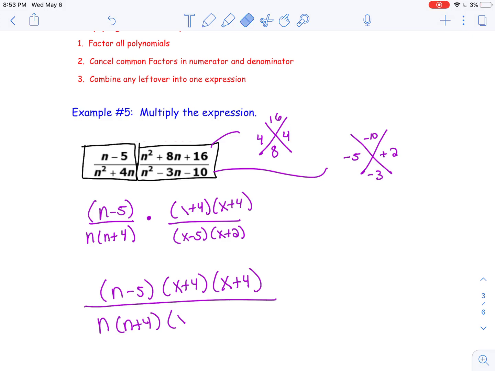Let me go back and change these to n's. This should be an n, n, n, n. Sorry about that, I always default to x's. So (n minus 5)(n plus 4)(n plus 4). On the bottom, n(n plus 4)(n minus 5)(n plus 2).